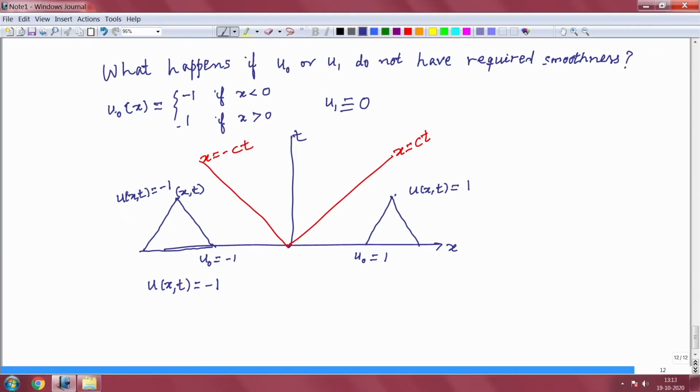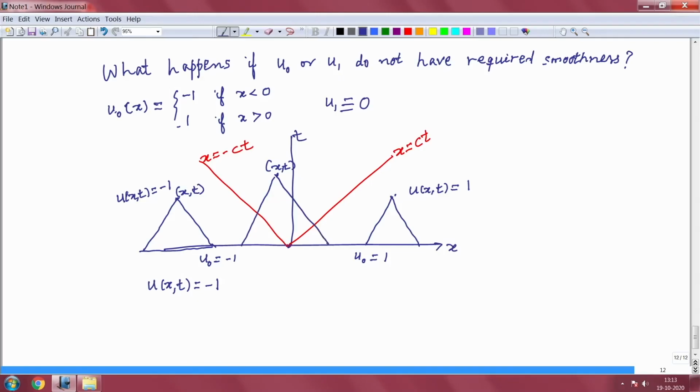But if you take any point between these two characteristics, its domain of dependence now has one end point in the negative x axis and another on the positive x axis.